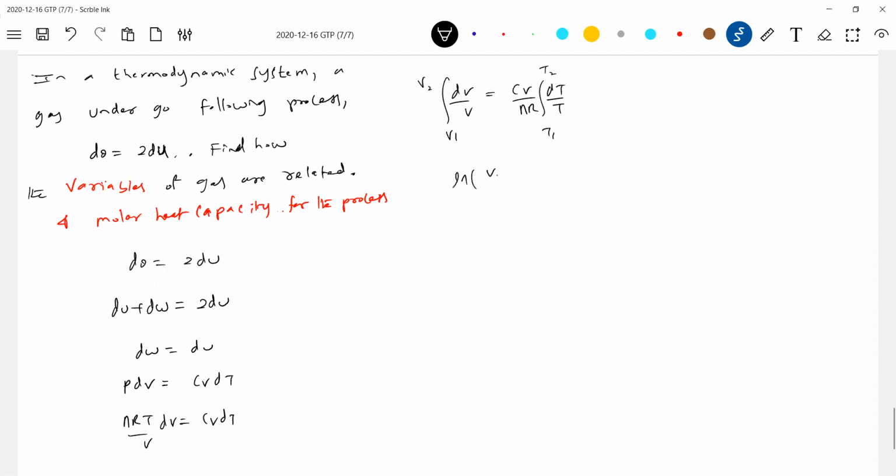So log of V2 by V1, Cv by nR is equal to log of T2 by T1. Eliminating the log, V2 by V1 equal to T2 by T1.